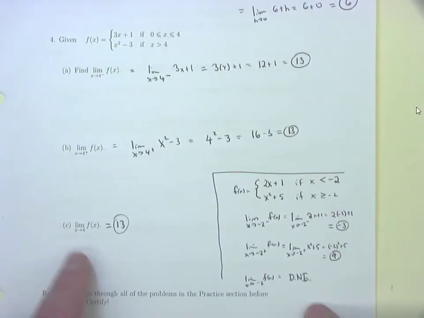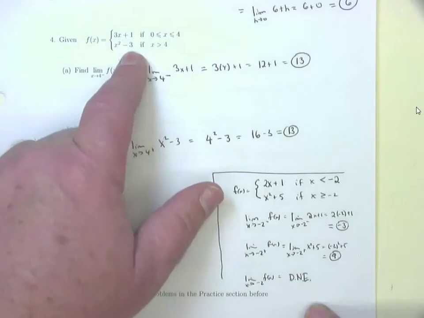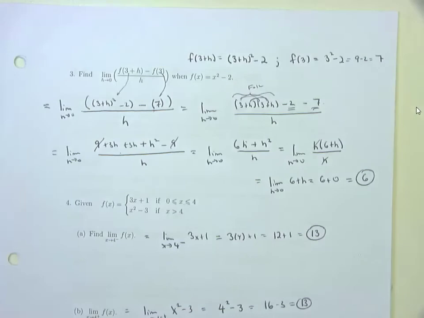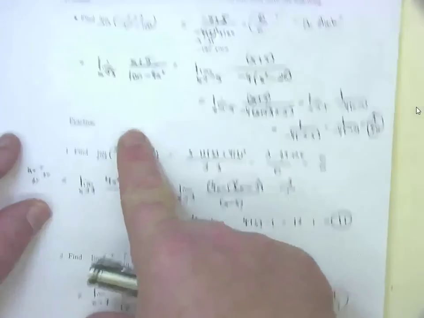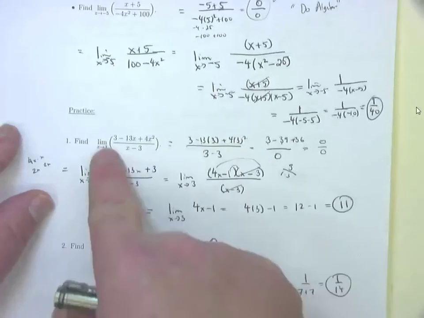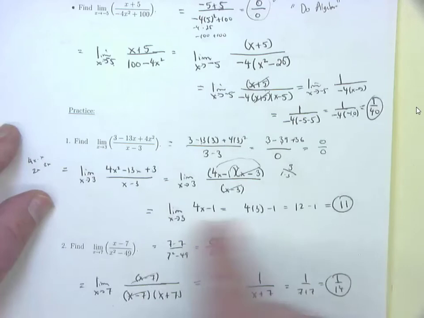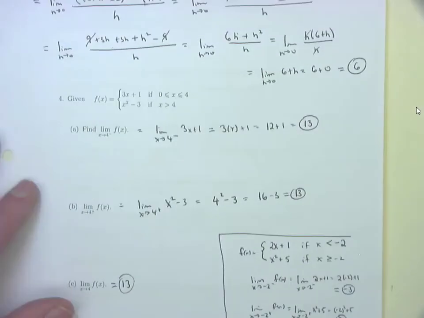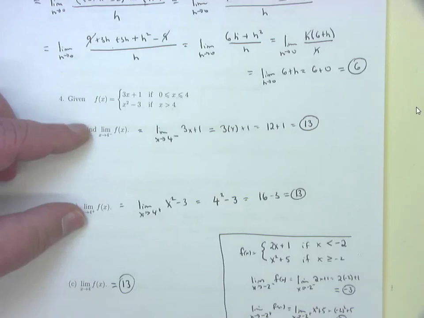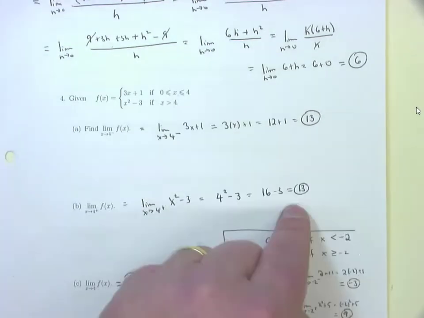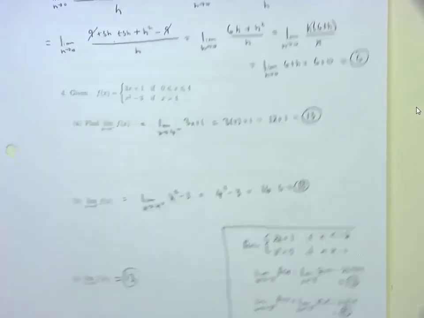If it was not a piecewise function, but a nicer function, maybe a function like this first one that we did up here, or this one over here that we did, without the piecewise function, this is the algebra I expect to see to actually show your answer. But with the piecewise functions, the only way to show a full limit on a piecewise function is to show the limit from both sides and make sure you go to the same number.